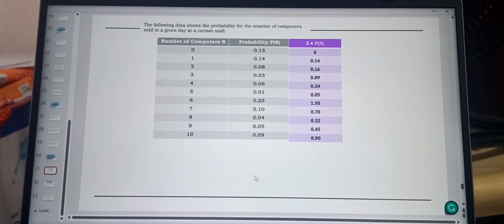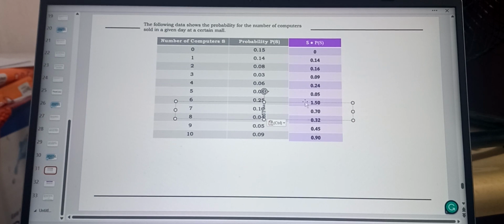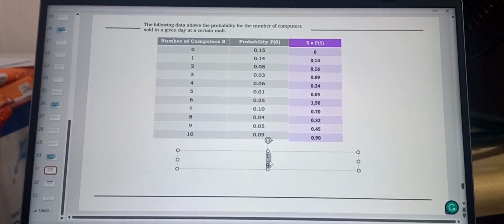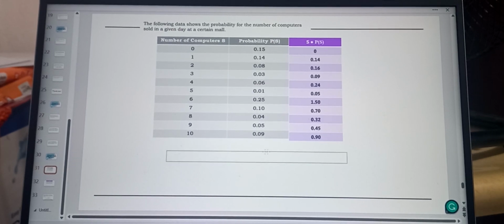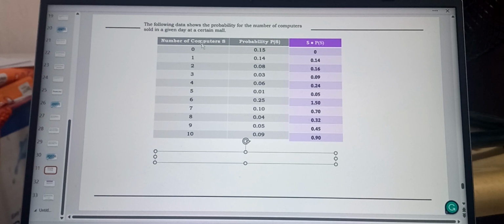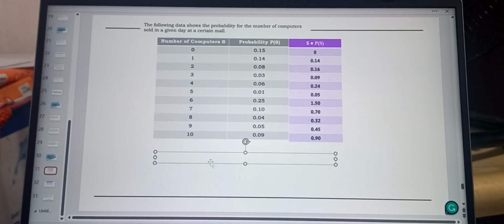Okay? I-add natin lahat ng nakuha nating product, dun sa third column. So, just add all the product na nakuha natin nung minultiply natin yung random variable and probability. So, we have mean.